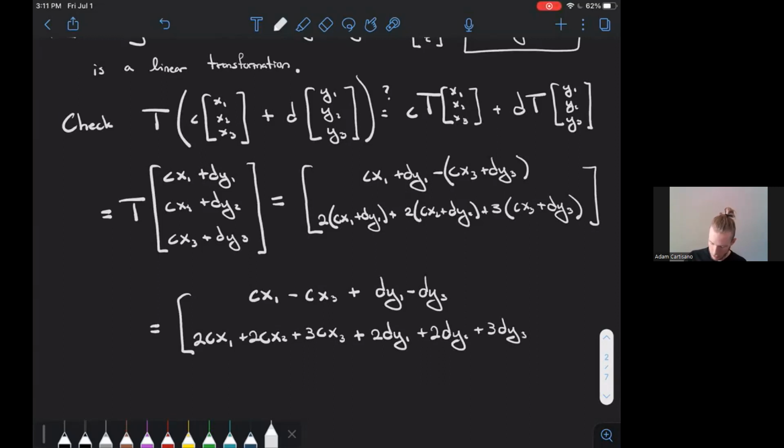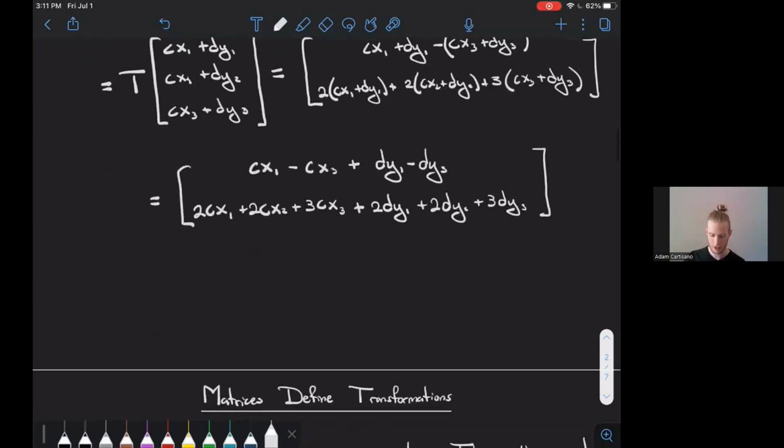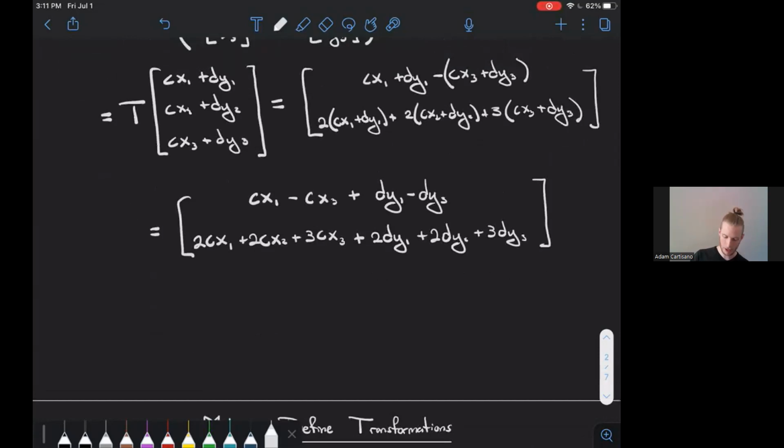Keep in mind, c and d are just scalars. They're just numbers, right? And same for x1, x2, and x3. They're variables standing in for arbitrary real numbers that make up the coordinates of vectors in R3. So there's nothing fancy going on here. Notice though, I can immediately write this as the sum of two vectors.